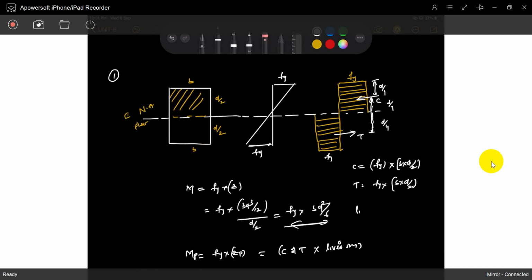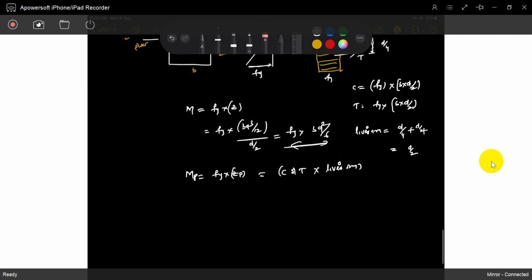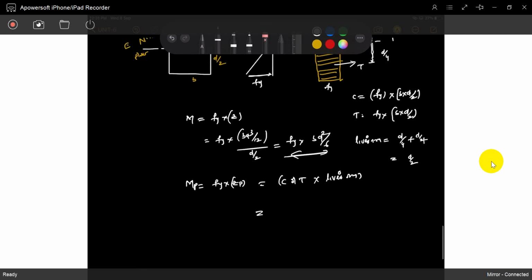So the lever arm is d by 4 plus d by 4, which is d by 2. Now Fy into bd by 2 multiplied with d by 2, so Fy bd square by 4.